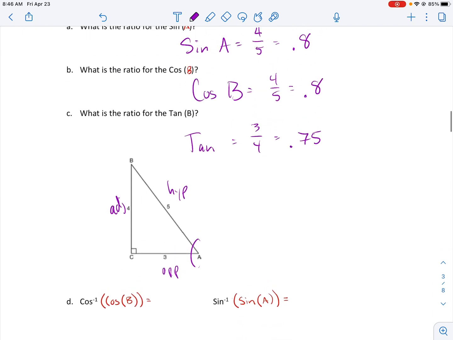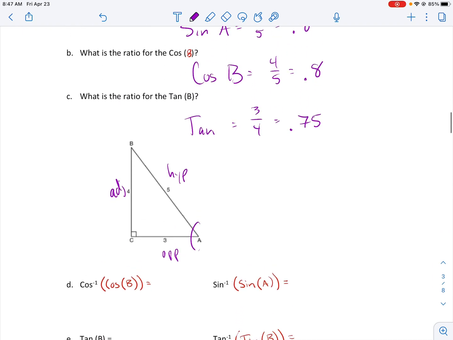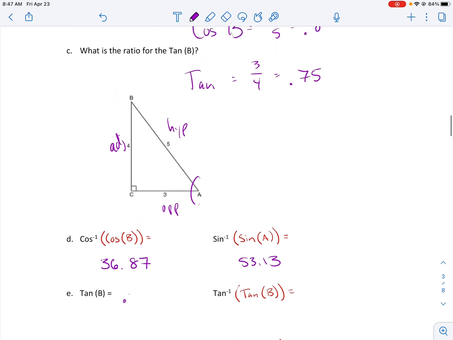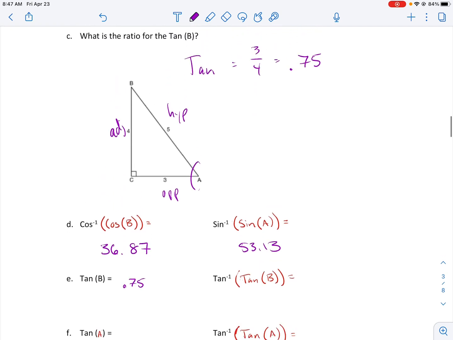Then we go down here and we take the inverse of those ratios again. And hopefully we know what to expect here, right? So this one's going to be 36.87. This one over here is going to be 53.13. All right, the tan of B, well, we already found that is 0.75. Okay, so you take the inverse of that.